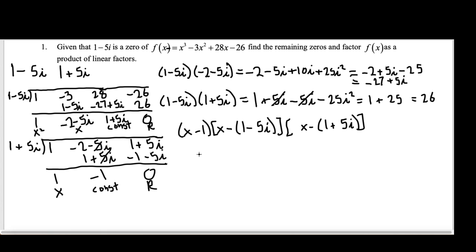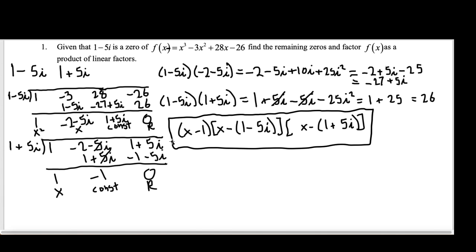And then furthermore, I know the 3 zeros as well, right? So this is the factored polynomial right here, okay? And then in addition to the 2 zeros that I identified here, the third 0 is x equals 1, because that's the value that makes this linear factor equal to 0, right?